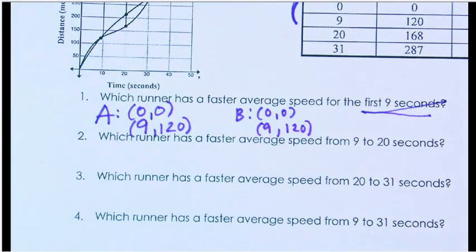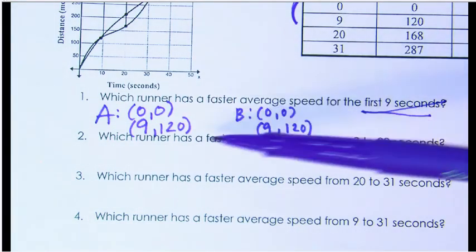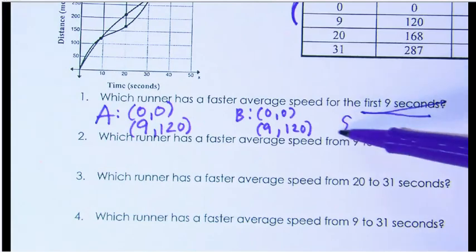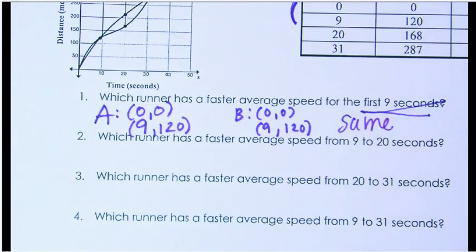So they happen to have the same ordered pairs. So who had a faster average speed? Neither. They had the same speed, right? You could go through and do the math and see for sure, but because my ordered pairs are exactly the same, they would have to have the same average speed, right?